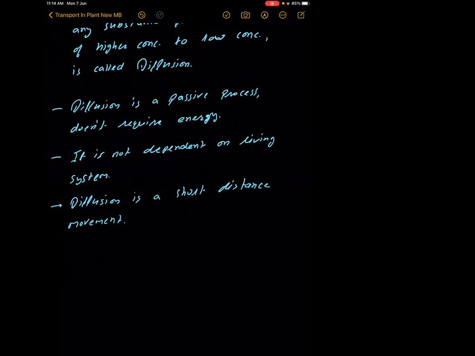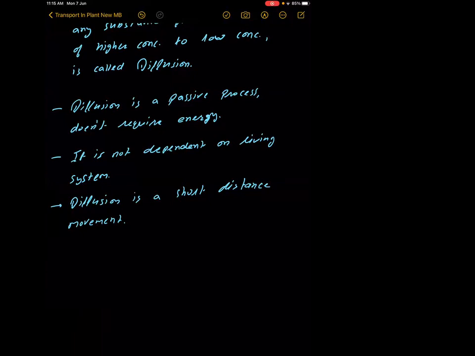Does temperature affect diffusion? It affects diffusion. The factors are temperature, density, and even pressure. These are the factors that affect the rate of diffusion.